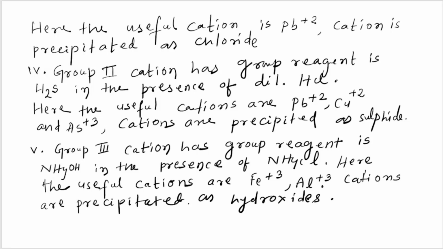Later you will see the color of the precipitate. First remember, for group 3 cations the reagent is ammonium hydroxide in the presence of ammonium chloride. According to the common ion effect, you will get hydroxides, which are colored substances.